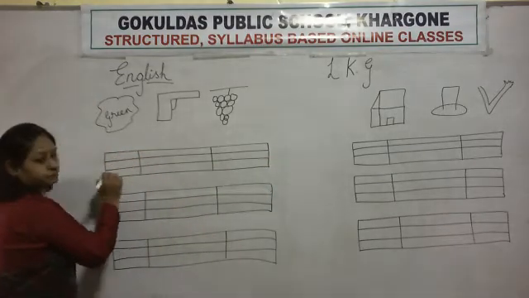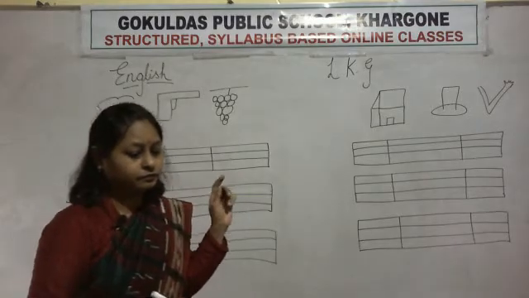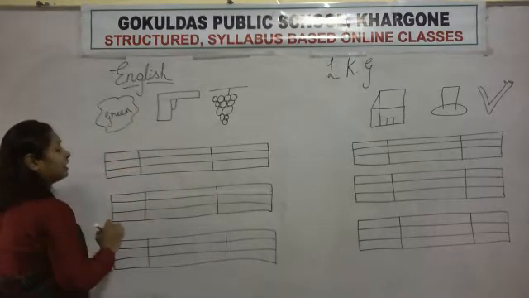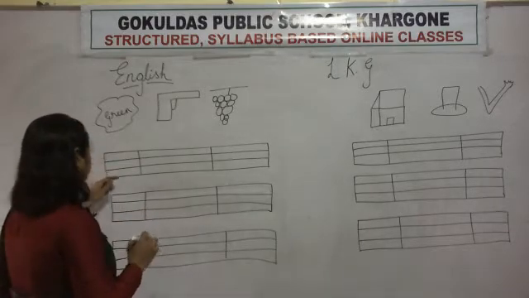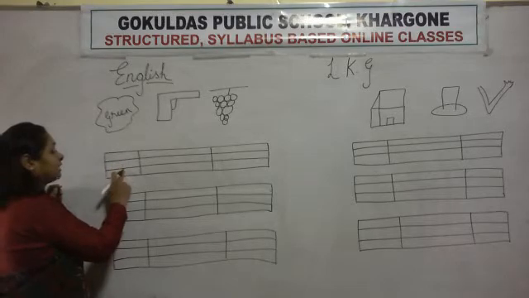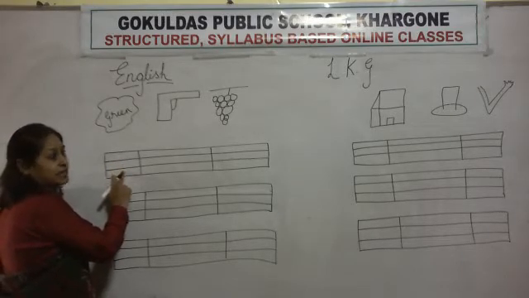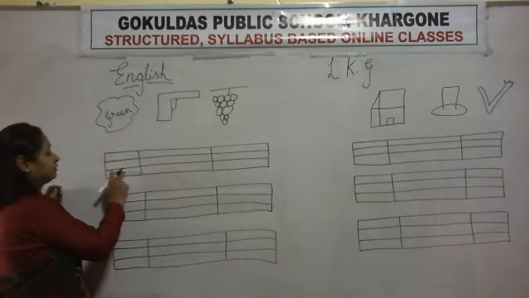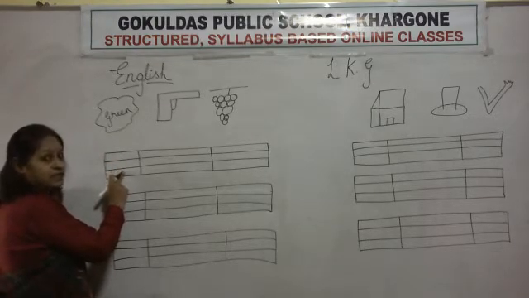Now look here. 2 dots are there. How many dots are there? 2 dots are there. One on the upper line and the next on the base line.